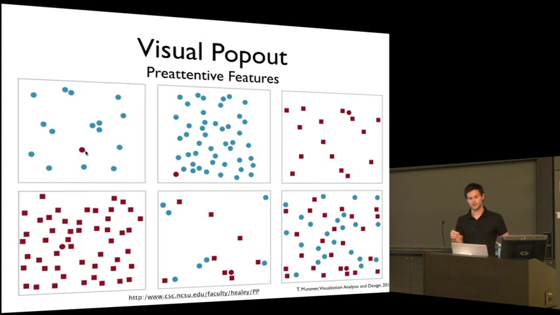That could be if we let the user select a part of the data and we highlight it in other parts, so in other plots showing the same data, then this would be a very good technique. And pre-attentive means that we don't need to think about it. It's something that can be solved with our perceptual system. We don't need cognition, so we don't need our brain to actually see that this pops out. And that makes it very fast, and that's called a pre-attentive feature.